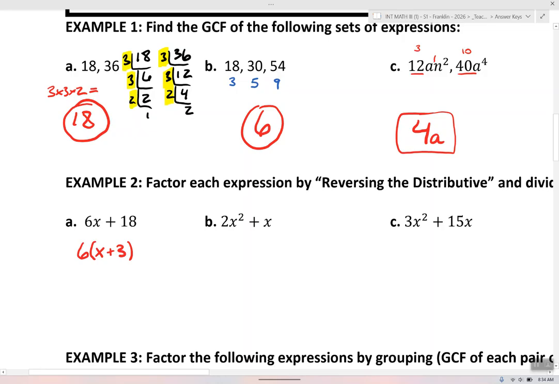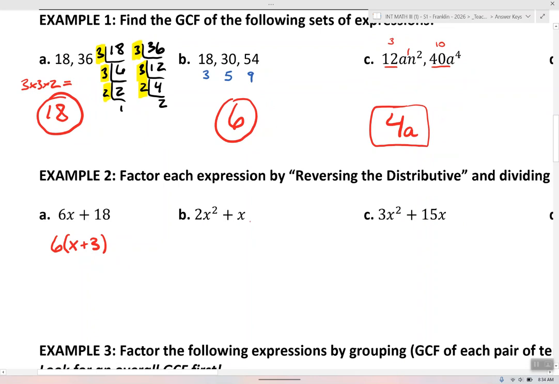So I've rewritten this expression as a product of its prime factors, 6 and x plus 3. So you can divide out a GCF and you have this expression right here. For example B, we can take out an x. 2x squared and x just have an x in common. I can divide them each by x. I get 2x plus 1.